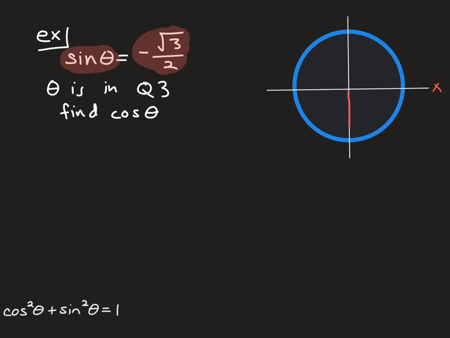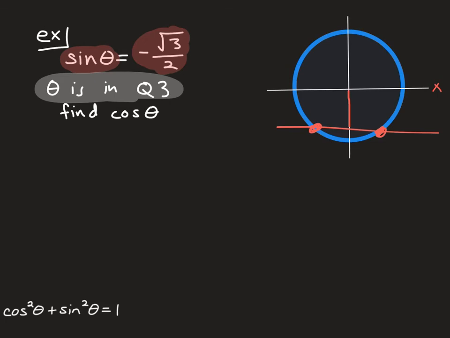So what that means is I'm going to be looking for some point on the circle that hits either there or there. But then, when I see what quadrant I'm in, I know that I want my theta to be in quadrant 3. So quadrant 3 is the left side of my two options there.